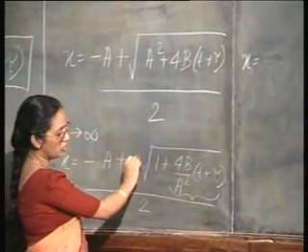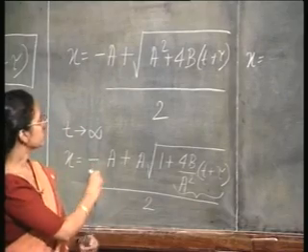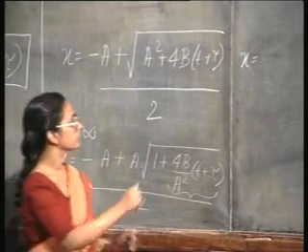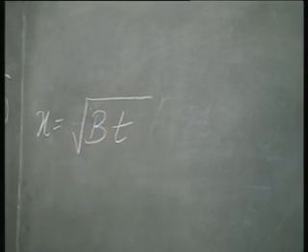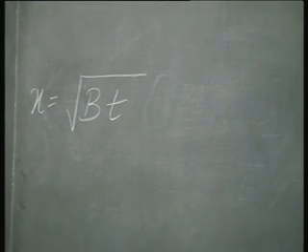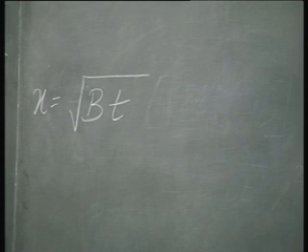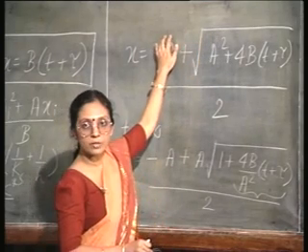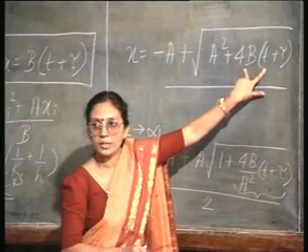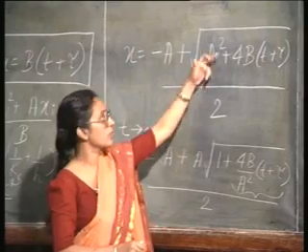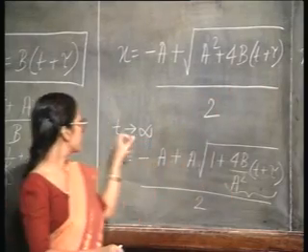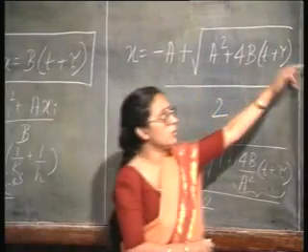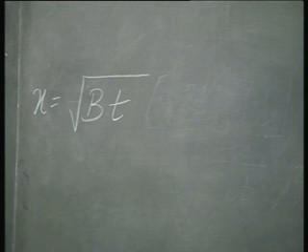I can simply take this one out and say that x is equal to square root of Bt. Essentially, this term and this term do not have any significance; it is only this term that is dominating. So, the 4 goes out of the square root, it cancels with this 2, and I have B into (t plus tau). There again, since t is much greater, I can neglect tau and can simply say x is equal to square root of Bt.